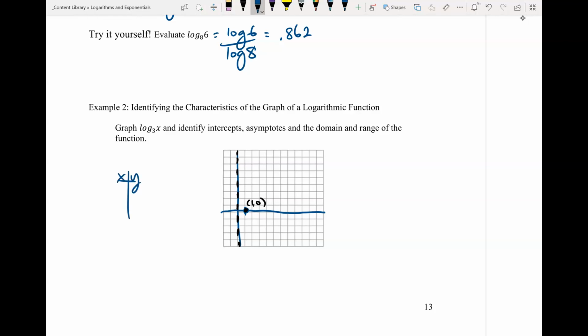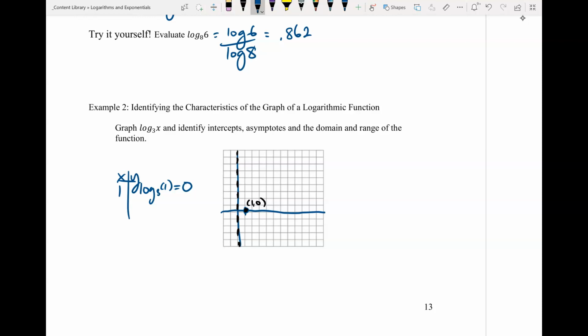If I were to verify that I have a point at 1, 0, this would be log base 3 of 1. So 3 to the power of what gives us 1? 3 to the power of 0 gives us 1. That's why I have the point at 1, 0.